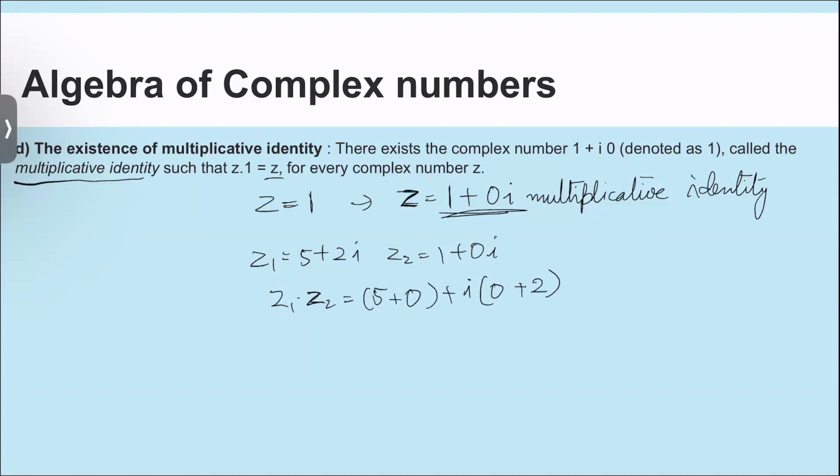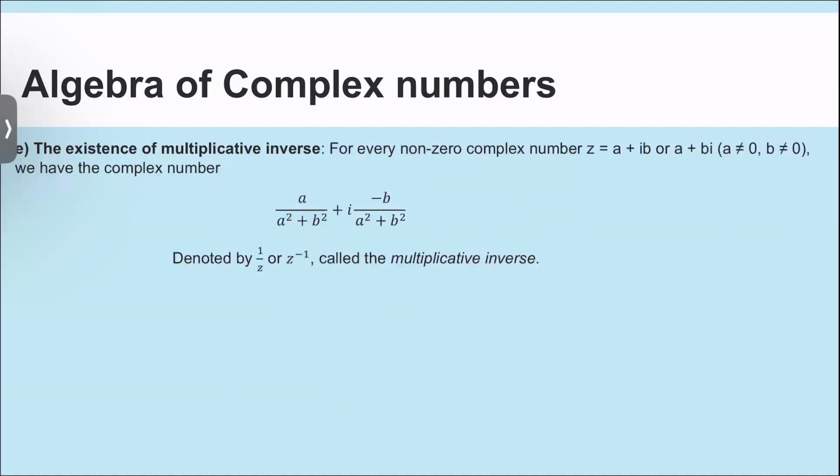Since i is kept outside, what you are left with is 5 plus 2i, which is equal to your z1. Therefore, z1 multiplied by the multiplicative identity, which you can also write as 1 plus 0i, is going to be equal to the complex number itself.